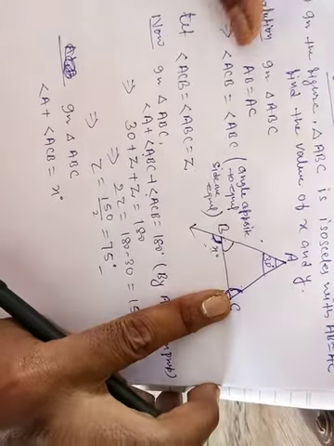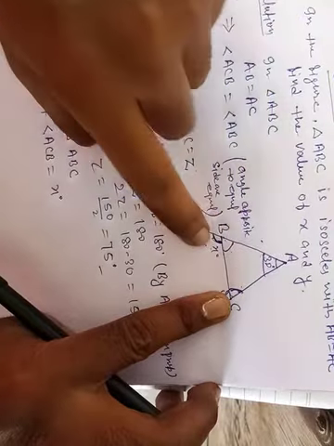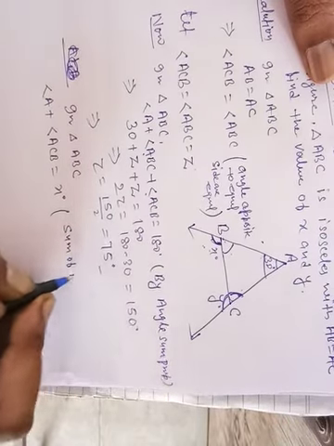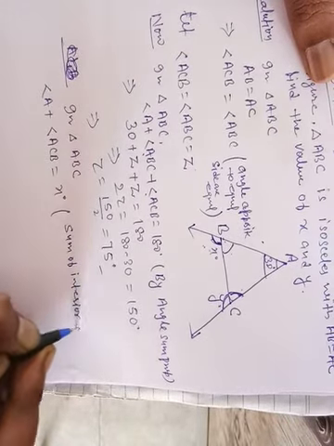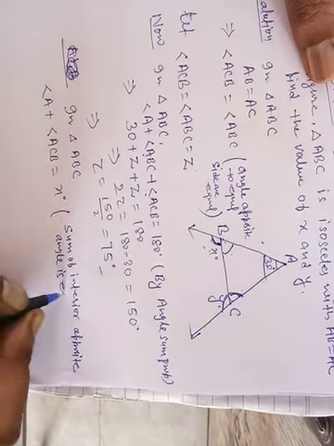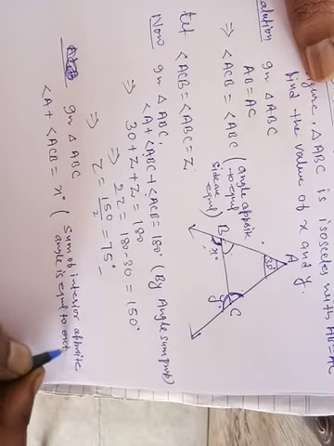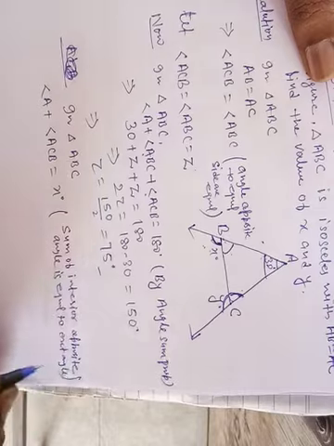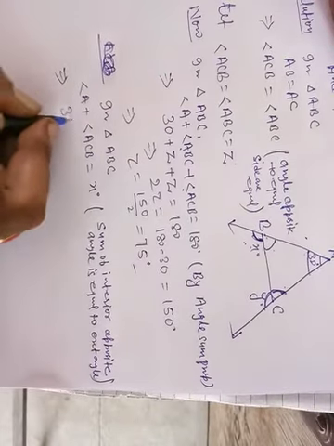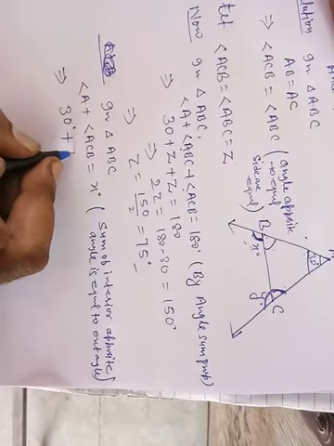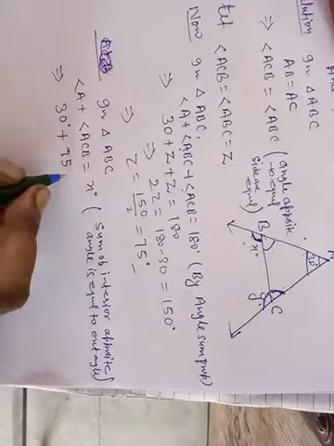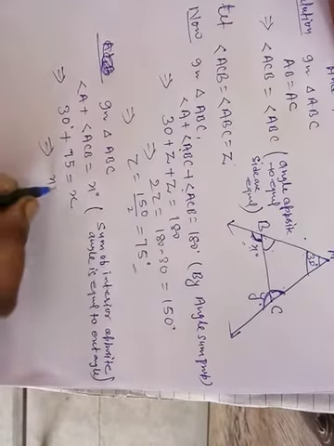Don't look at this one for now. This is the exterior angle, so what will be the sum of these two angles? It will be the exterior angle. By which property? Sum of interior opposite angles is equal to exterior angle. Here angle A is 30 degree, angle ACB is equal to 75 degree, which is equal to x. So x is equal to 105 degree.